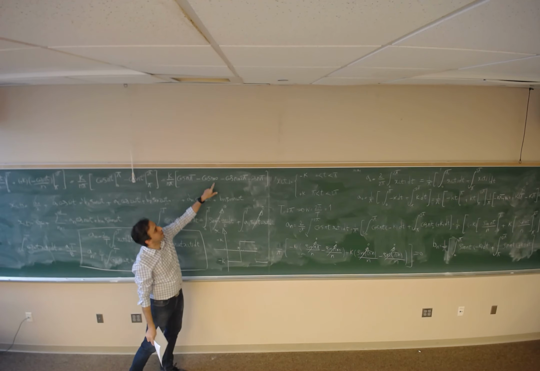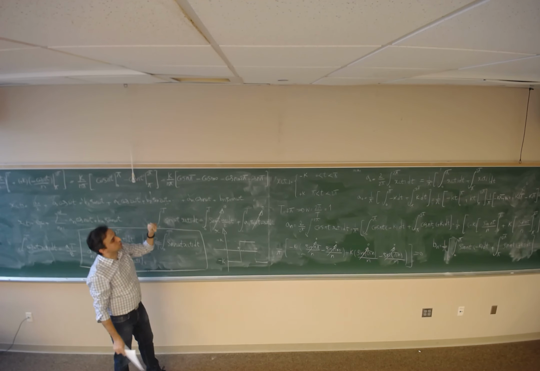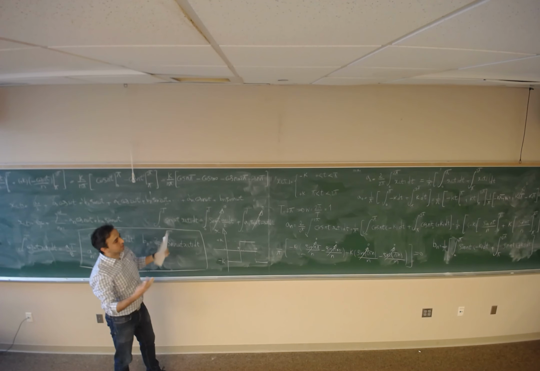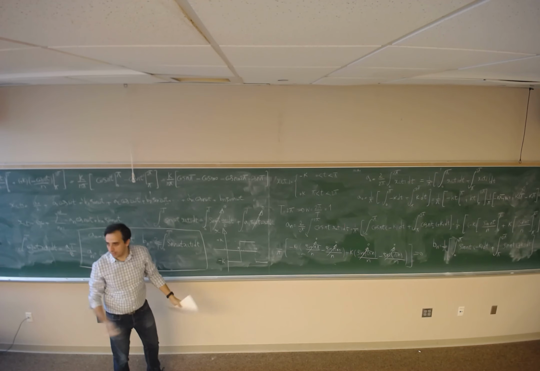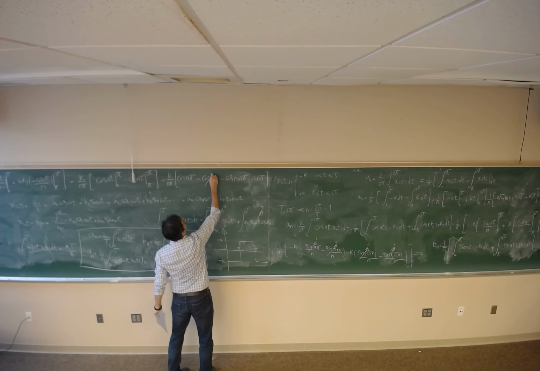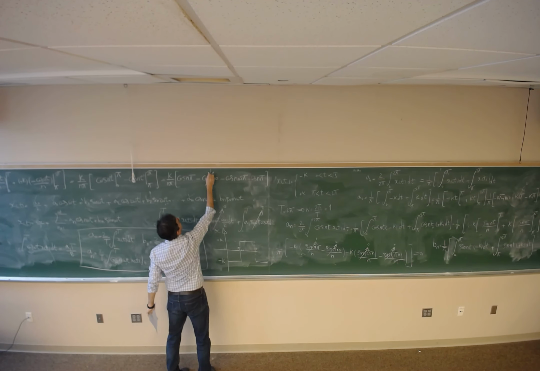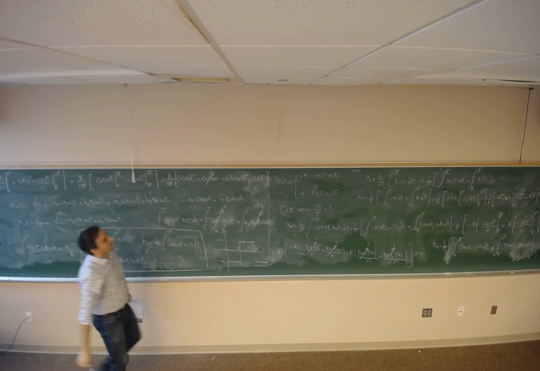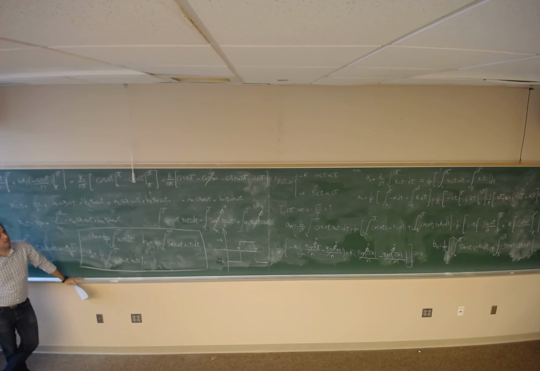Cosine of n times 0 is going to be cosine of 0, and cosine of 0 is always 1. So this one is going to be negative 1: positive times negative coefficient, you will get negative 1.